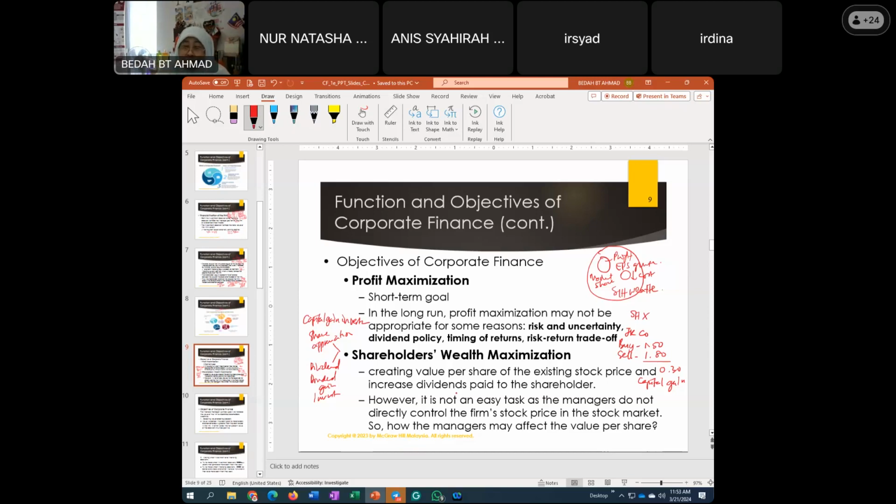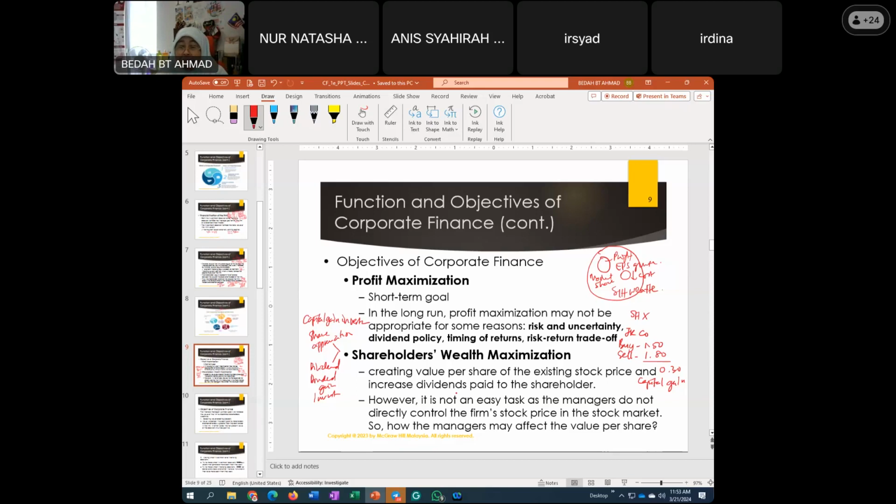Okay, so managers, or the board of directors who represent the management in the company, do not control the firm's stock price in the stock market, because as I said, it depends on the demand and supply of the stock. So whatever companies are doing, does it affect the stock price? Does it or does it not?